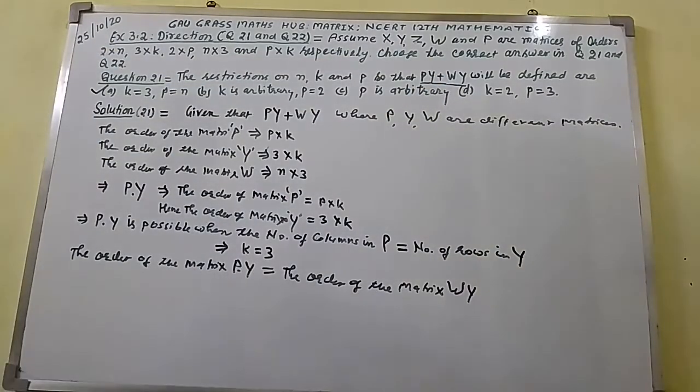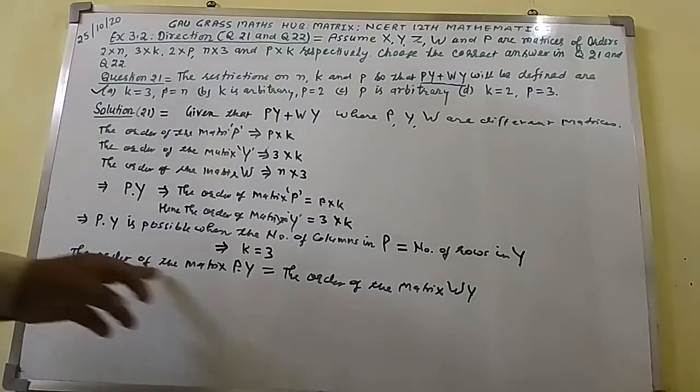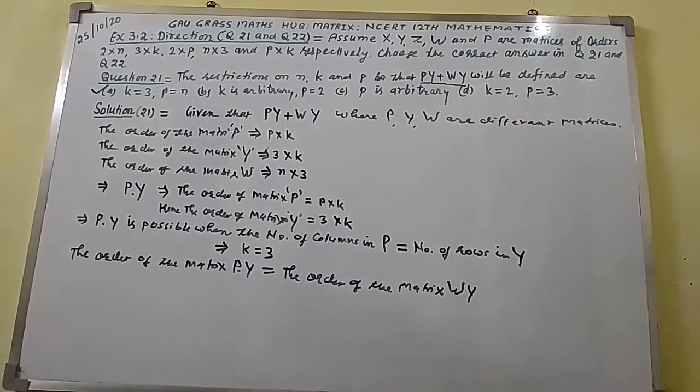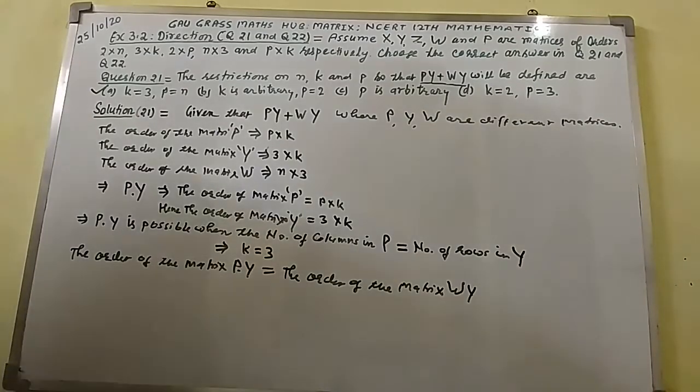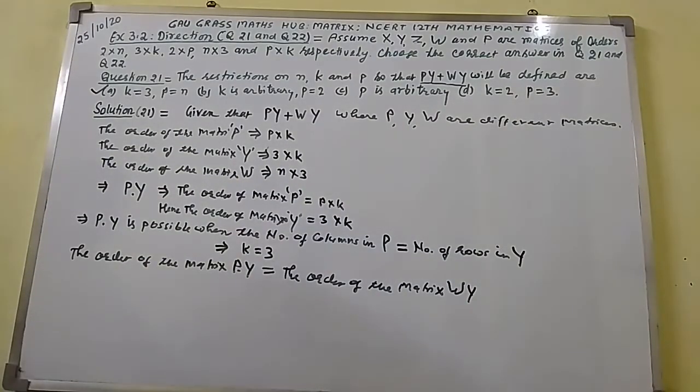That's why I have written. So here you can see the order of the matrix PY. Find out the order of the matrix PY. The order of the matrix PY will be, you can judge from here.